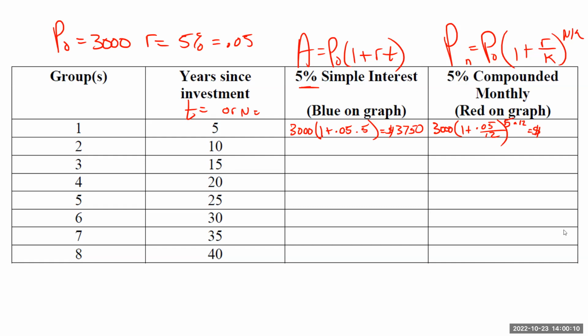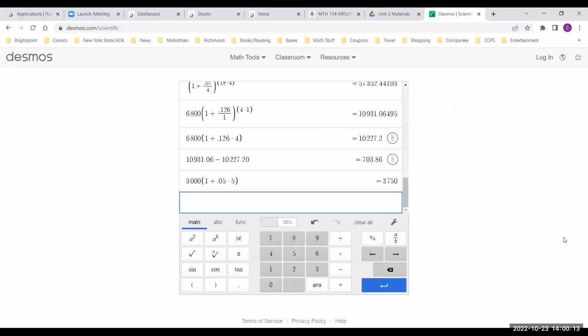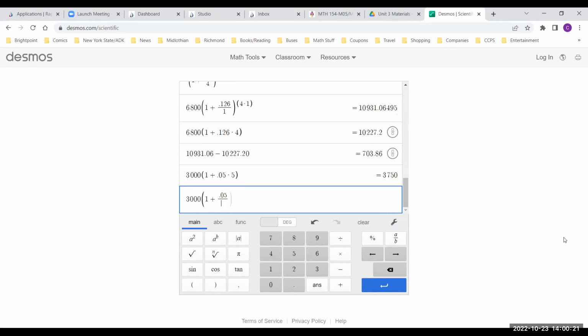Okay, now the same thing is going to apply here. After I type this in once, I can just go back and change the N value, and it's computed pretty darn quick. The only thing changing here is N. So we need to raise that to, in our case, our K value was 12 times our N value, which is 5.